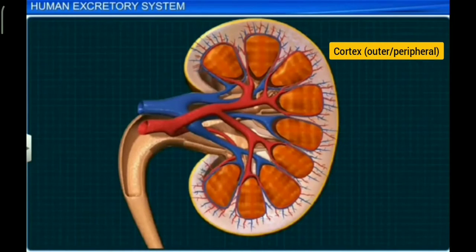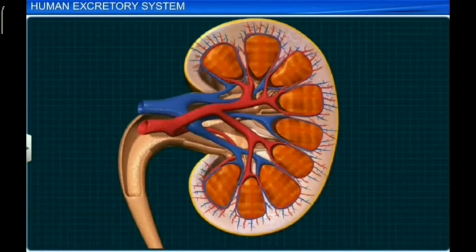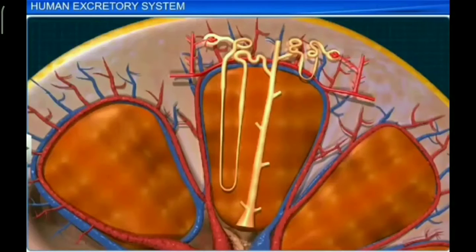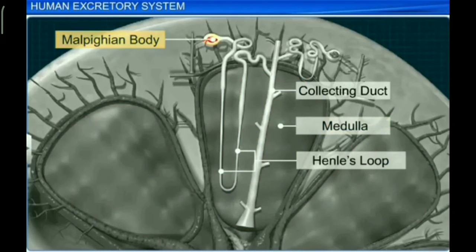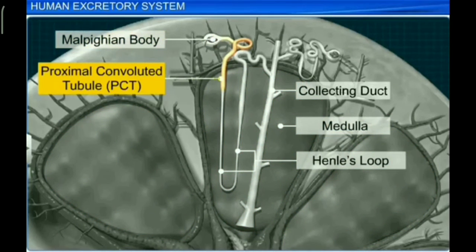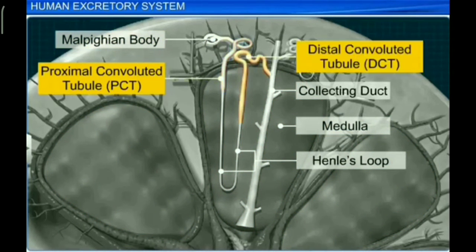Cortex is outer or peripheral red-colored and granular region, whereas medulla is inner region with pale red color and striated appearance. Medulla consists of loop of Henle and collecting duct, whereas cortex contains Malpighian bodies, convoluted tubules and blood vessels.